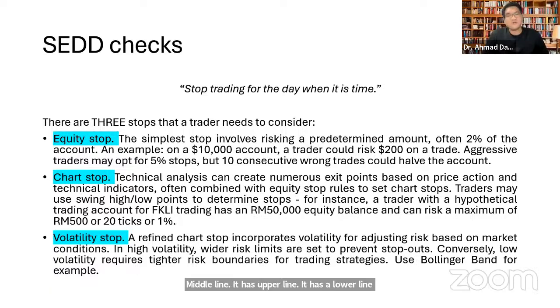Let's just say you are shorting the FKLI, but instead of going down, the market goes up. So your borderline is when the price reaches the upper line, you stop. When it reaches, you must stop. Don't think that, never mind, it will go down, it will go down. That is a strategy of hope.